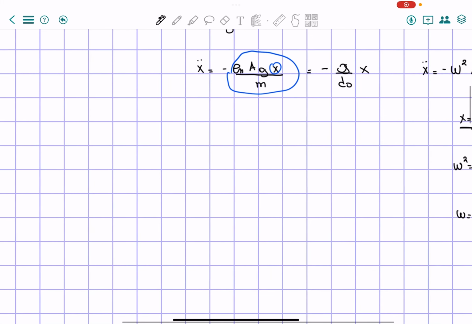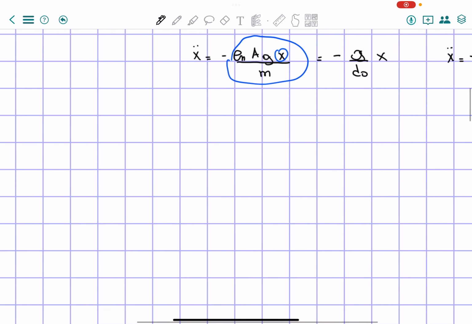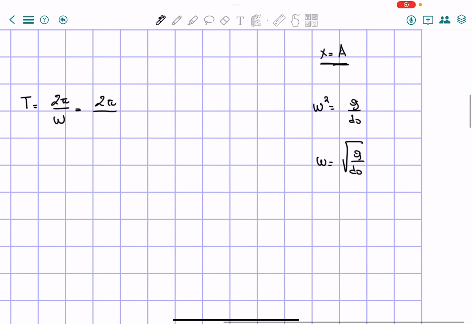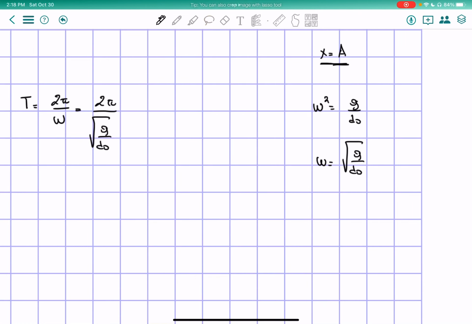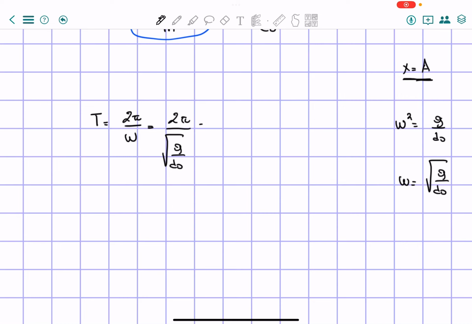So now we can find the period very easily. By saying the period T is always going to be equal to 2 pi over the angular velocity, which we said is 2 pi divided by this value over here. So it's equal to 2 pi times the square root of d naught over g, because it's with the bottom and the top.